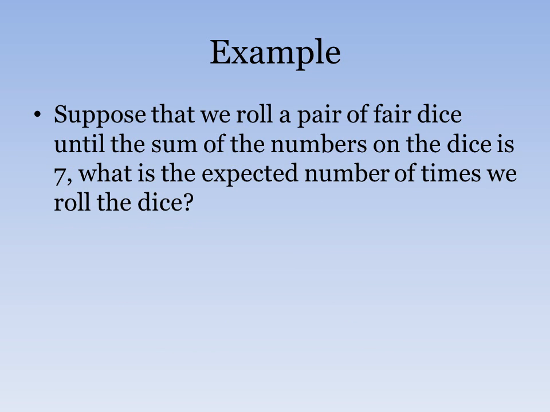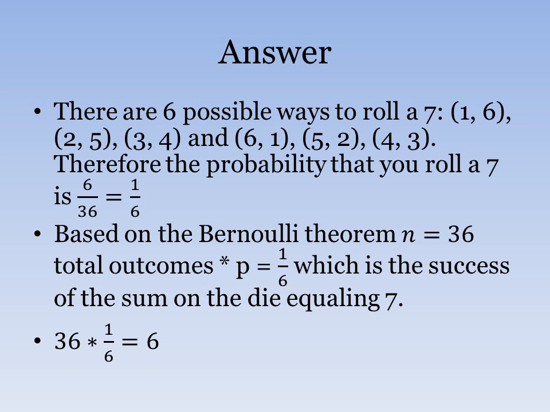Here we have another example. Suppose that we roll a pair of fair dice until the sum of the numbers on the dice is 7. So what is the expected number of times we roll the dice? There are 6 possible ways to roll 7: 1,6; 2,5; 3,4; 6,1; 5,2; 4,3.